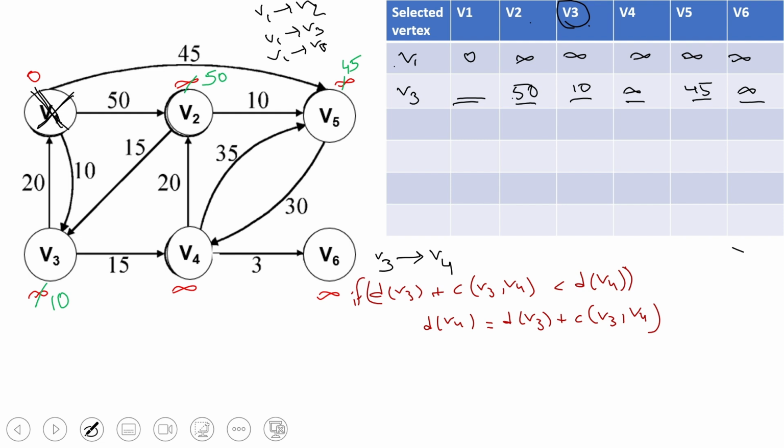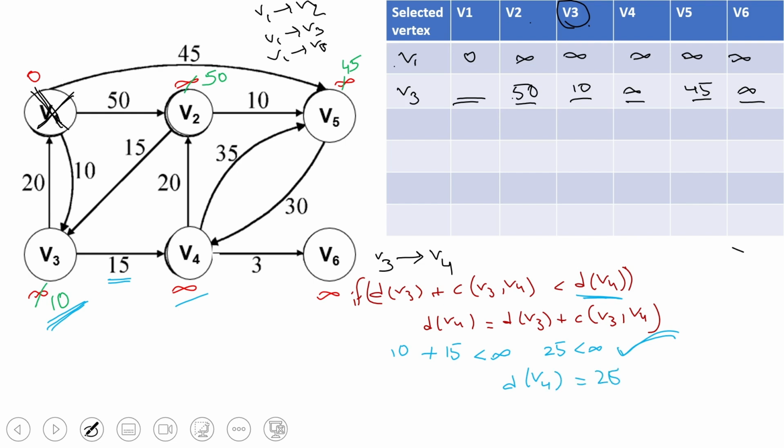Now, what is distance of v3? It is 10. What is the cost of v3 to v4? It's 15, and distance of v4 is obviously infinity. 25 is less than infinity, so this condition is true, so distance of v4 equals 25.